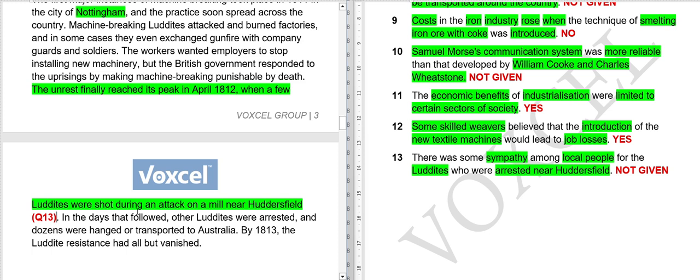Whether they were arrested after being shot, or whether they were killed in that gunfire, or whether they died because of their wounds or injuries, we don't know anything about that. And also whether people were sympathetic towards them or not, even that we don't know. So we haven't gotten any information on that. Okay, so you haven't read any information on this particular question, so that's why we'll say not given.